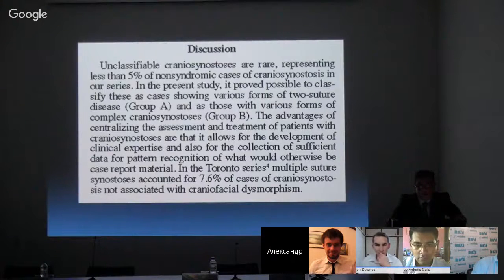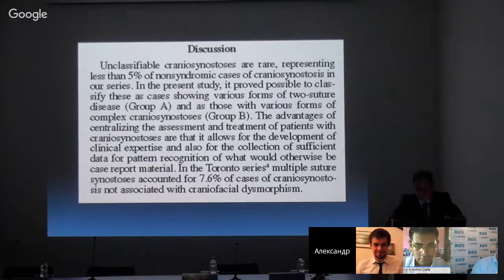Unclassifiable craniosynostosis are rare, representing less than 5% of non-syndromic cases of craniosynostosis. In the Toronto series, the unclassified multiple suture synostosis account for 7.6% of the cases.